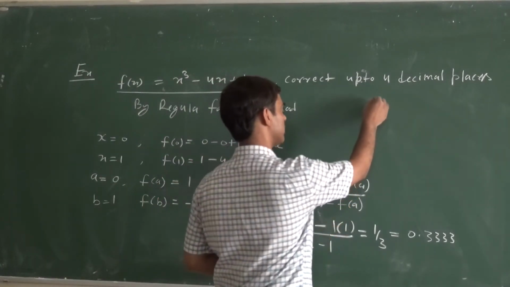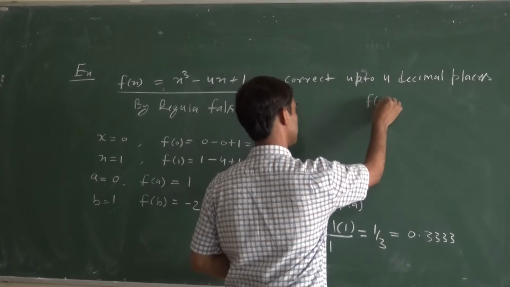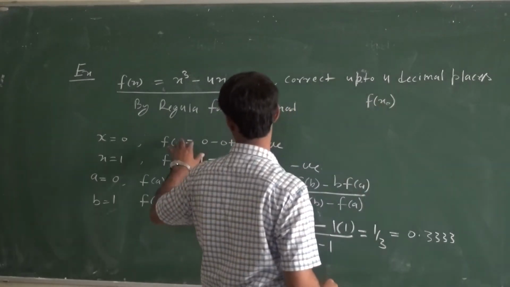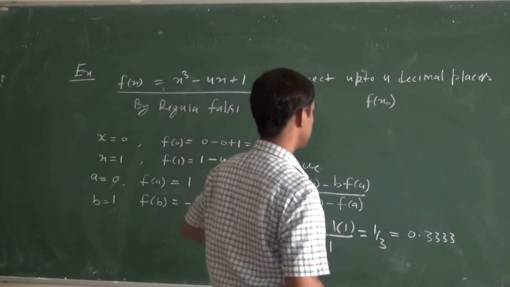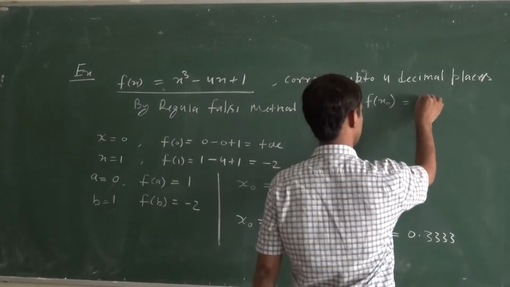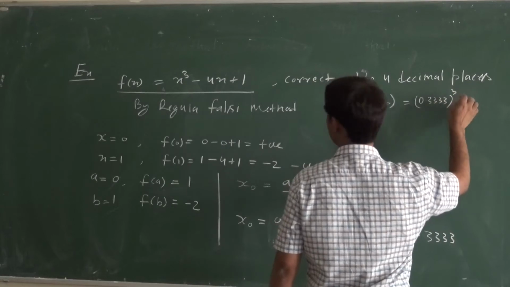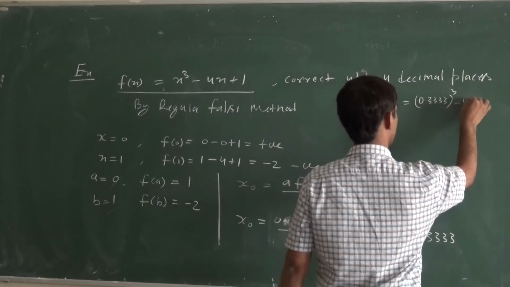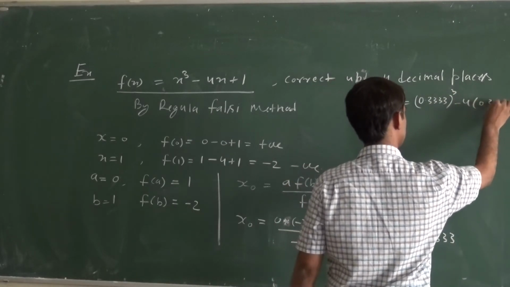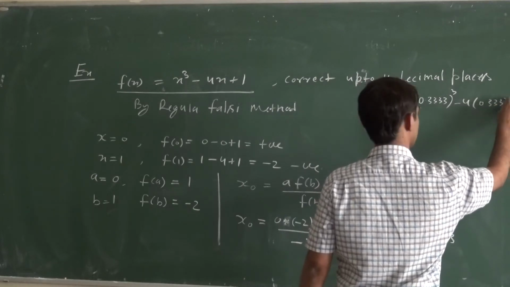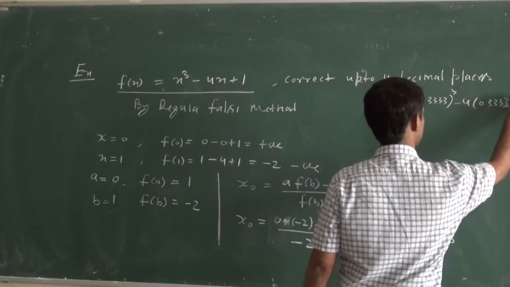Now we find the value of the function at this point. What is f of x0? You put it here: 0.333 whole cube minus 4 into 0.3333 plus 1.